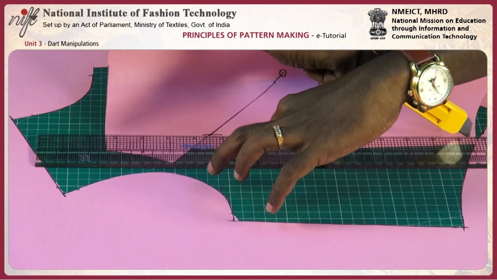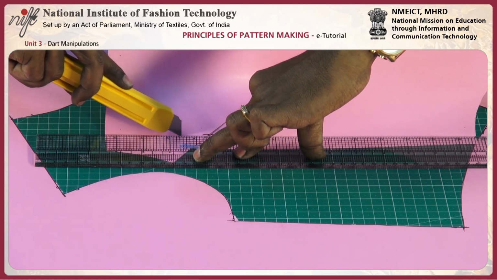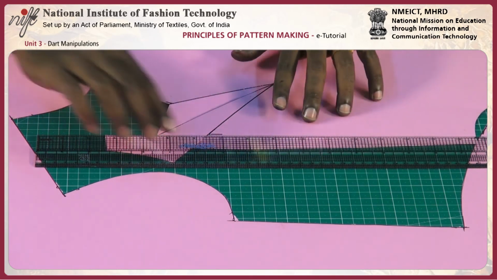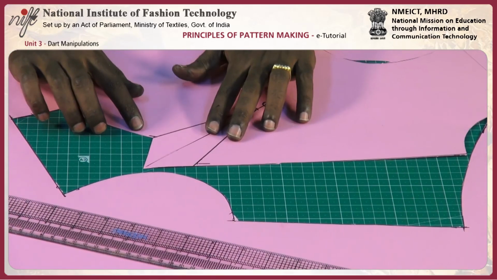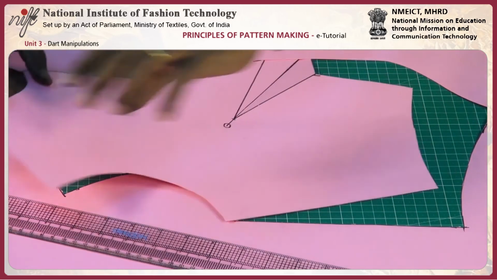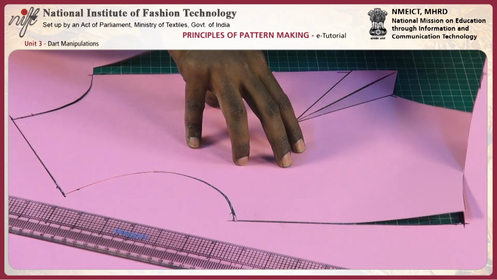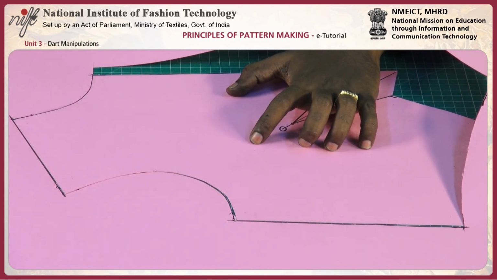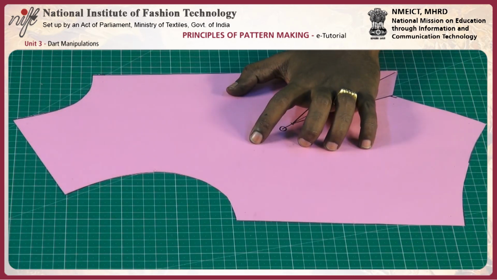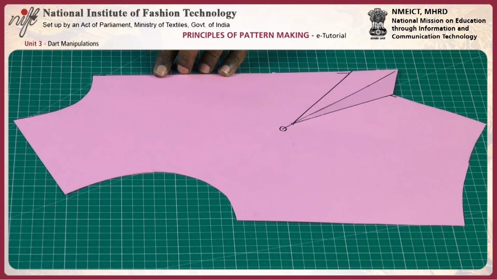Then cut the pattern. Now you have learned how to make a center front diagonal dot from the waistline dot.